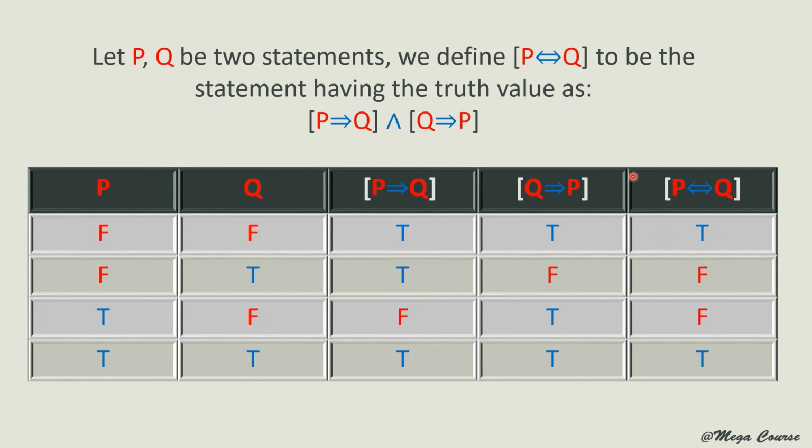As we said in a previous video, whenever both of the statements are true, the intersection between them is true. Whenever P implies Q is false and Q implies P is true, then P equivalent to Q is false. Whenever P implies Q is true, Q implies P is true, P equivalent to Q is actually true.